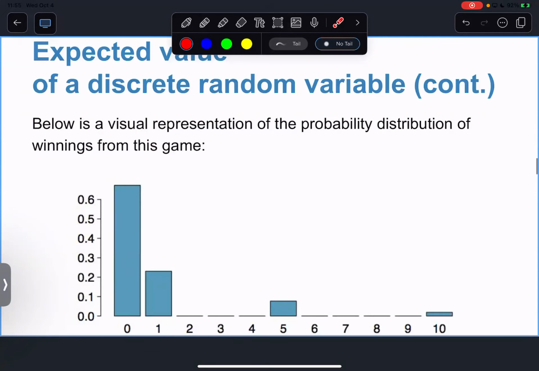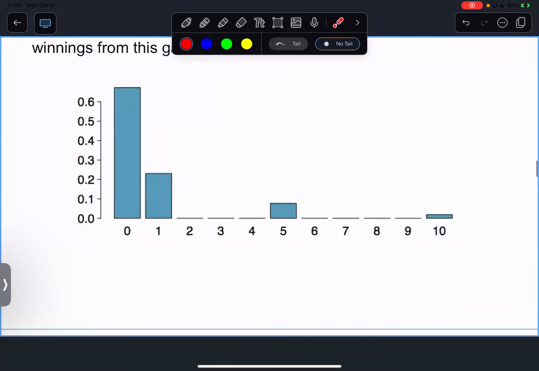We can visualize this with the probabilities, but this just emphasizes that the highest probability of something happening is none of those things. And then this is what it looks like. I prefer the table, actually. This is just a visualization of the table, 0, 1, 2, 3, 4, 5, all the possible outcomes.